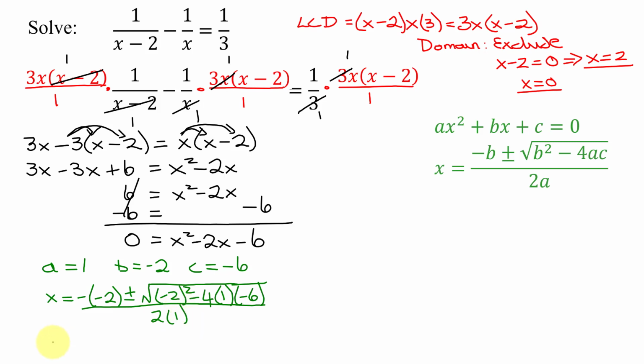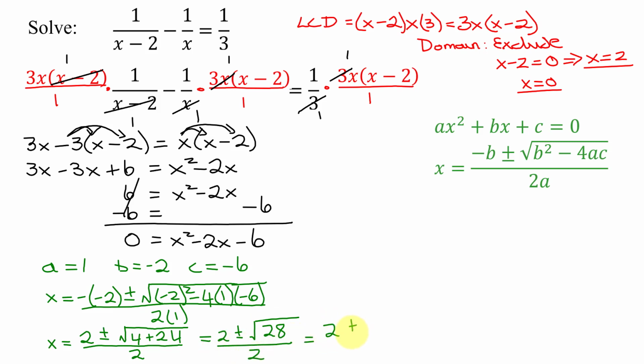A was 1. So x equals, the opposite of negative 2 is 2, plus or minus the square root of negative 2 all squared is 4. Negative 4 times 1 is negative 4. Negative 4 times negative 6 is positive 24, all divided by 2, which equals 2 plus or minus the square root of 4 plus 24 is 28, all divided by 2.